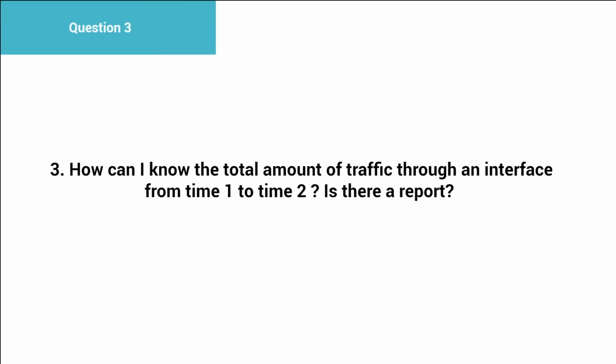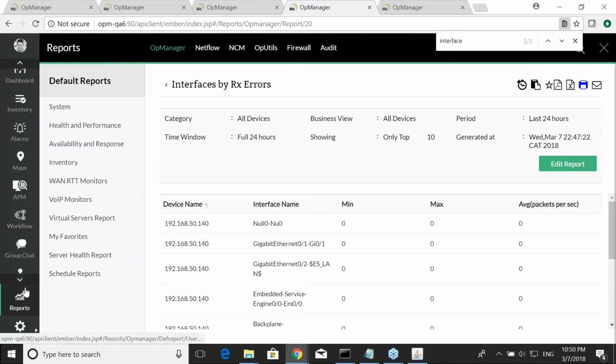How do I know the total amount of traffic through an interface from time 1 to time 2? Is there a report? So yes, for all of the traffic reports that you take across for interfaces, you do have a time option where you can set it across the reports. Let me get you to the page where you can create it.